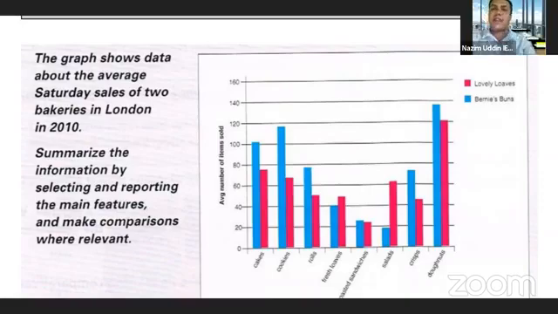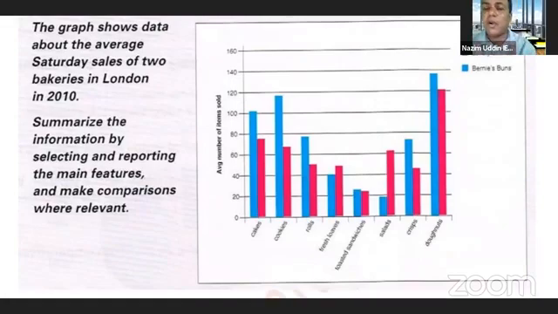Now, what do you have to write in the second paragraph? You have to make an overview. Overview means in one or two sentences, you are going to write the focal points, highest and lowest points. Now, in the figure, what should be the overview?